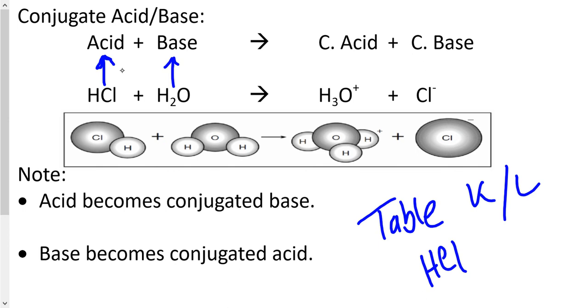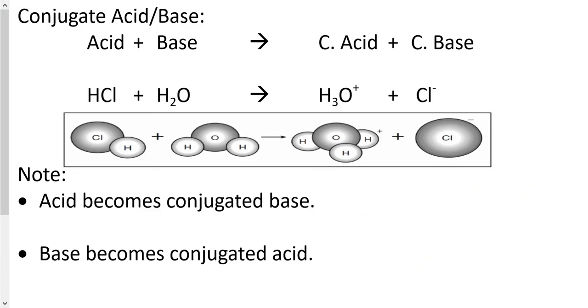If one of them is an acid, the other one has to be a base. Now, in this case, they're forming a new acid and a new base. Let's talk about it again, why HCl in this case should be an acid while water is a base.